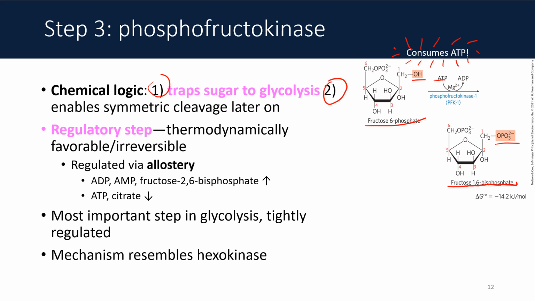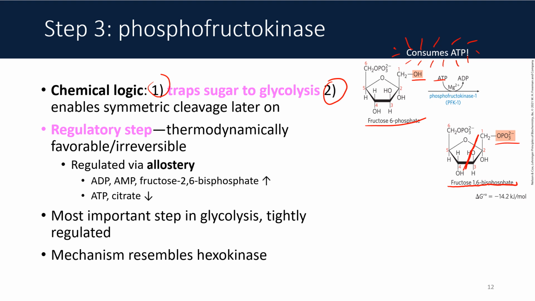Secondly, this reaction will provide symmetry to our metabolite, which facilitates parallel metabolism of two cleavage products down this pathway. Very soon, we will be cutting our molecule into two trioses right over here.